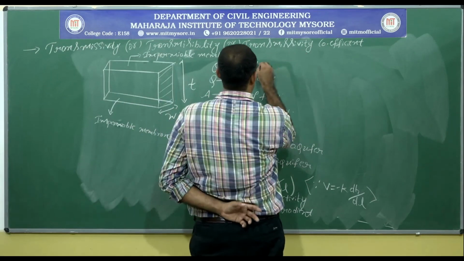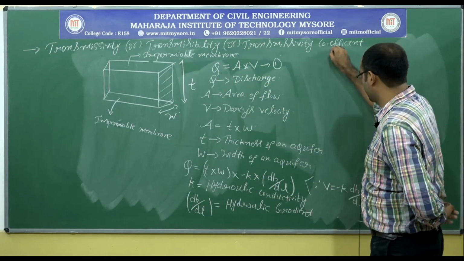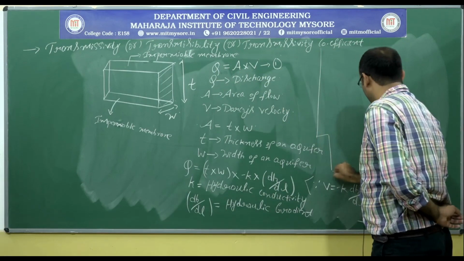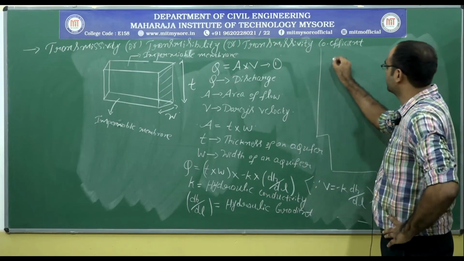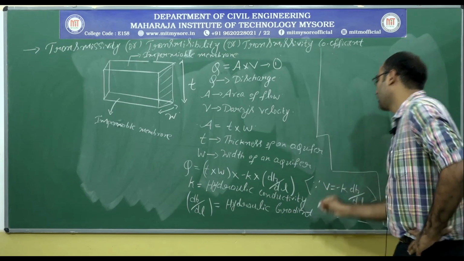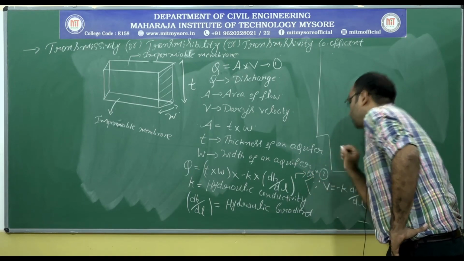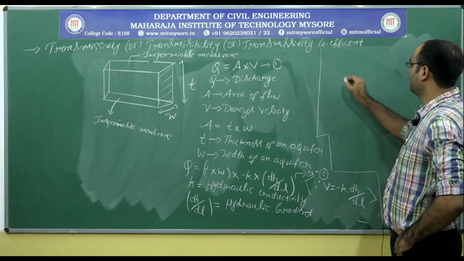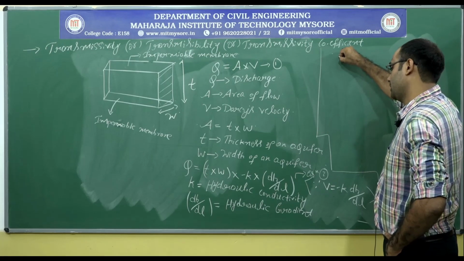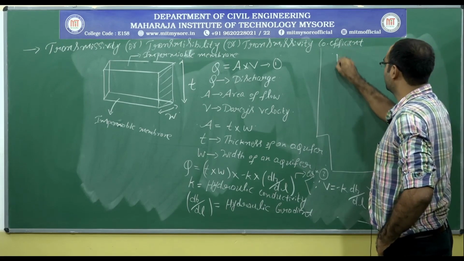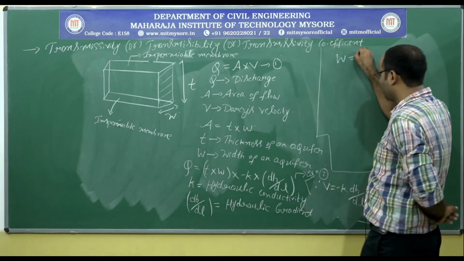So what I will be doing is I will be writing this as equation 1, that is the equation for Q. Let us write it as equation 1. What I will be doing next is I will be writing this as equation 2. Next, look here, we will be assuming the width of the aquifer to be 1.